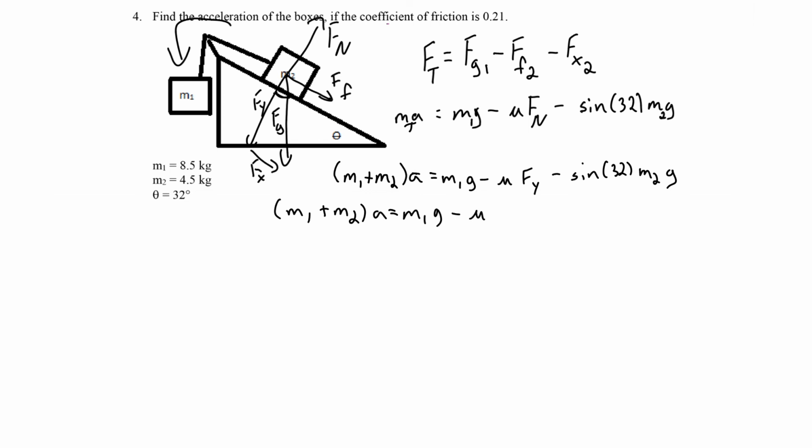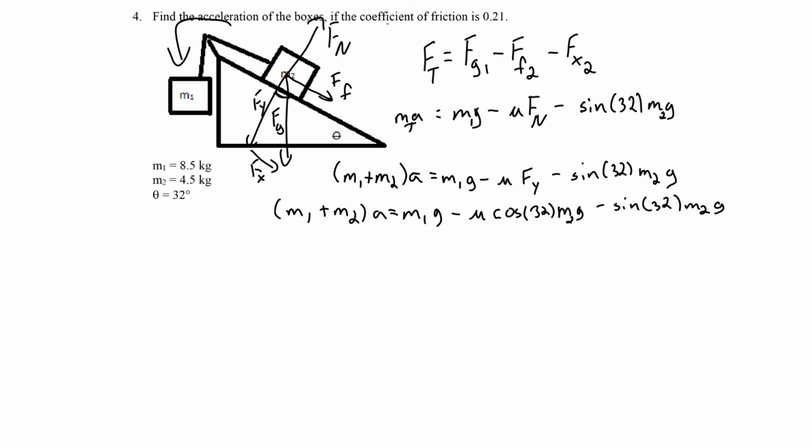What does Fy equal? Cosine of 32 times, minus sine 32 M2 times G. And what M is this right here? 2.